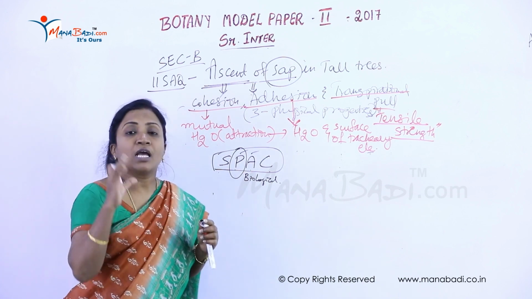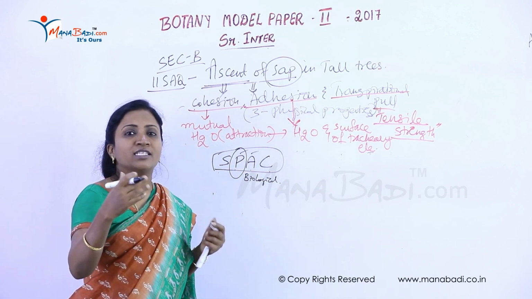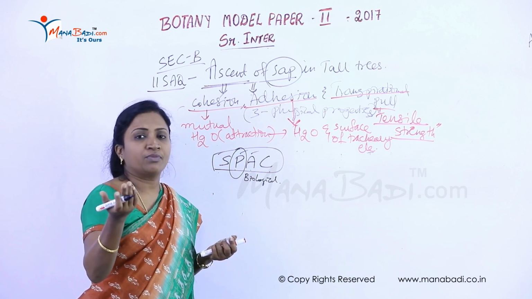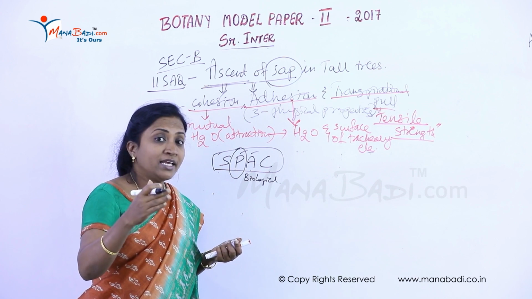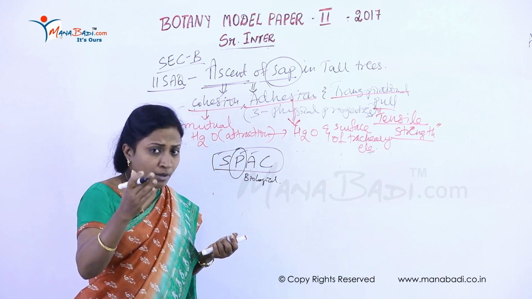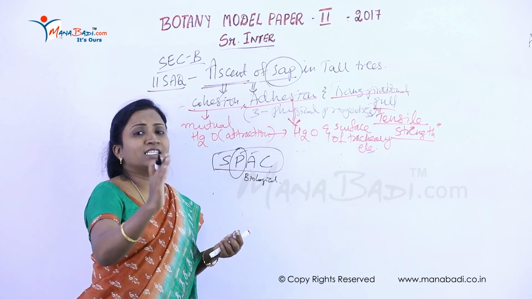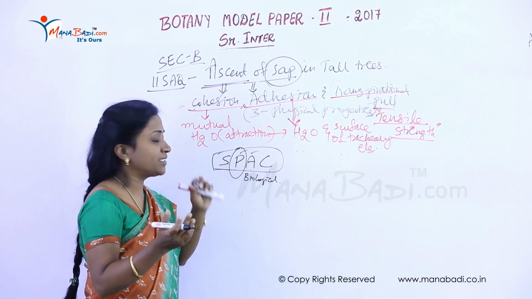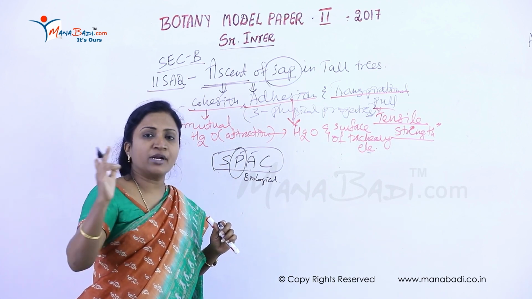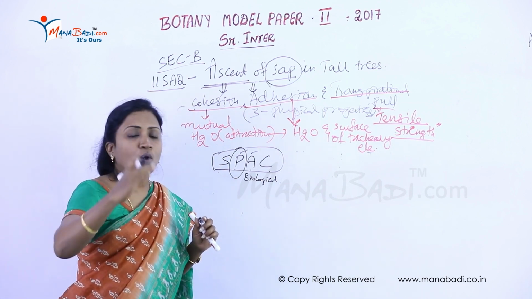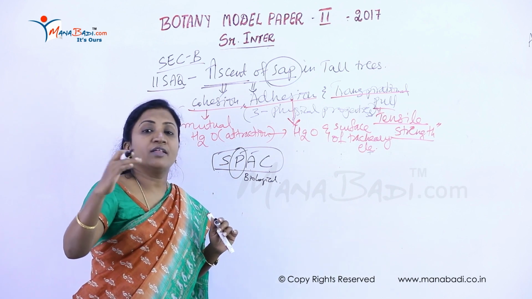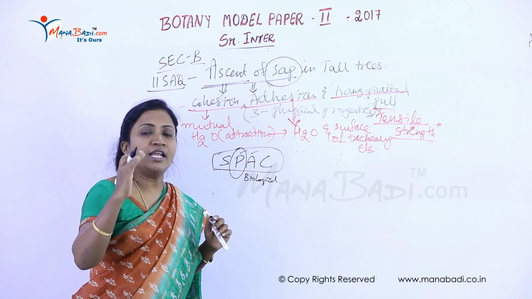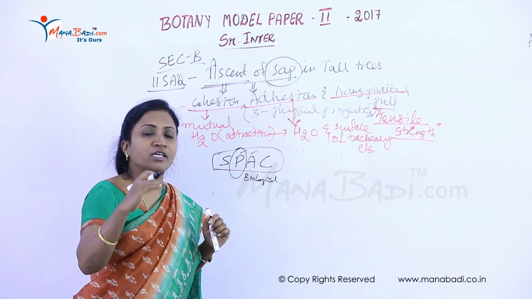Water is lost from the leaf in the form of vapor, depending mainly upon the external factors. Based on the surrounding atmospheric temperature, water is transpired from the leaf, so there is a loss of water in the leaf.